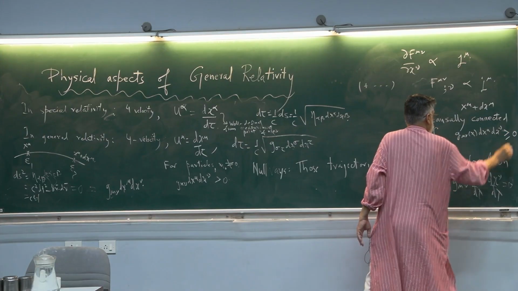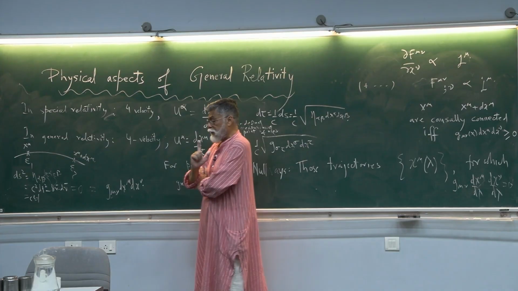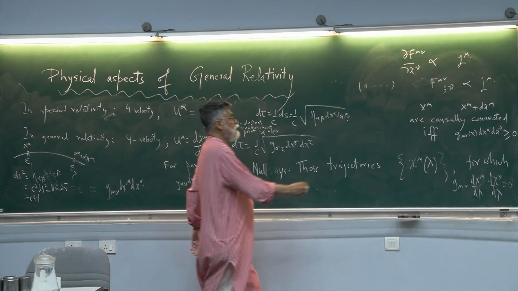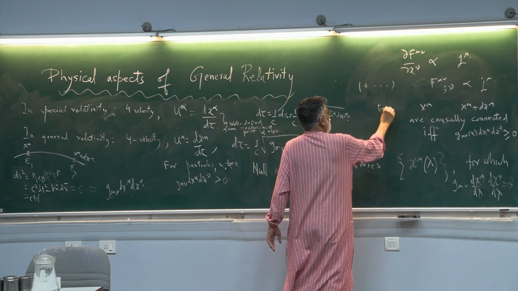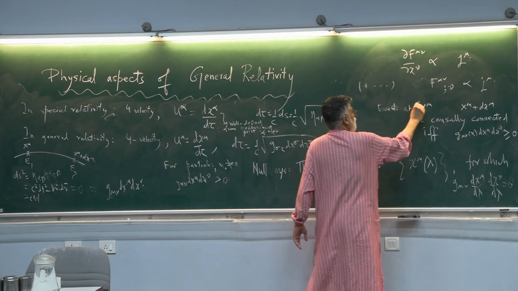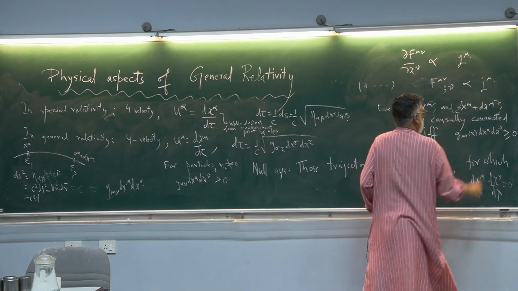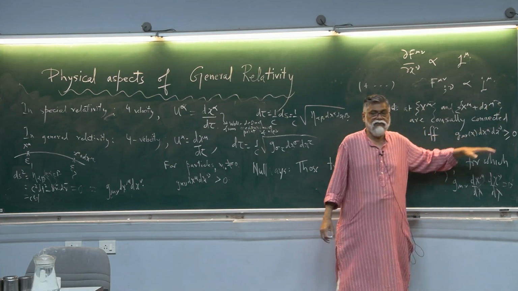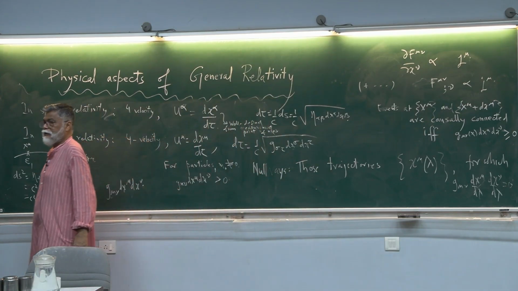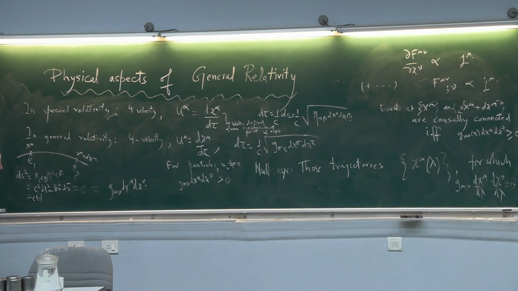So two events, x^μ and x^μ + dx^μ, are causally connected if and only if g_μν dx^μ dx^ν is greater than or equal to 0. Equal to 0, they will be connected by light, but they can be connected even by a slowly moving particle.